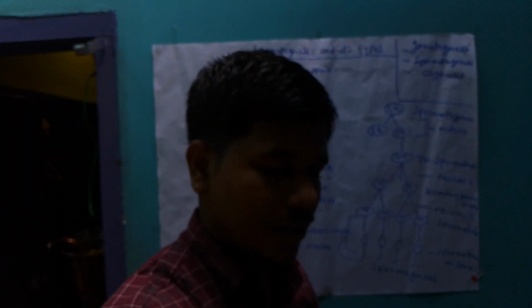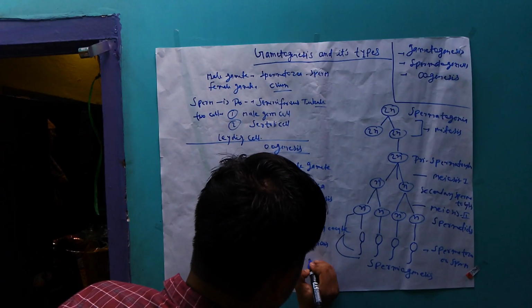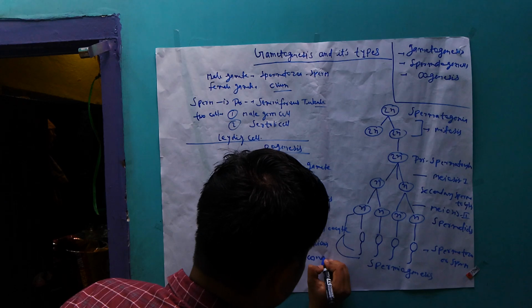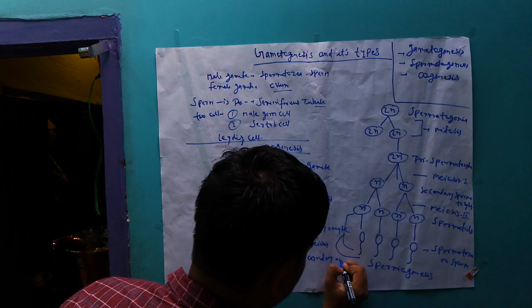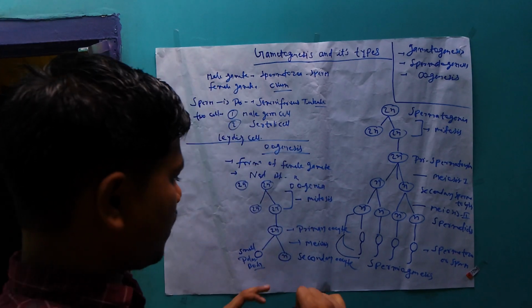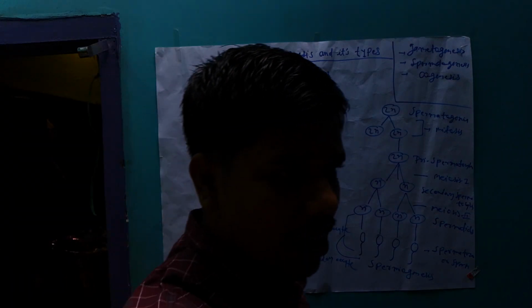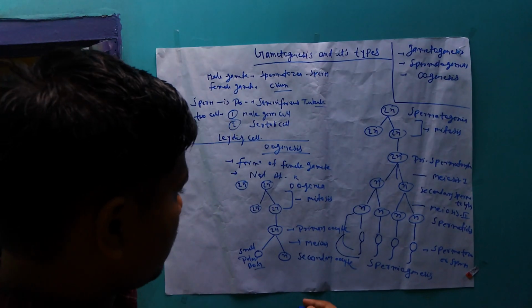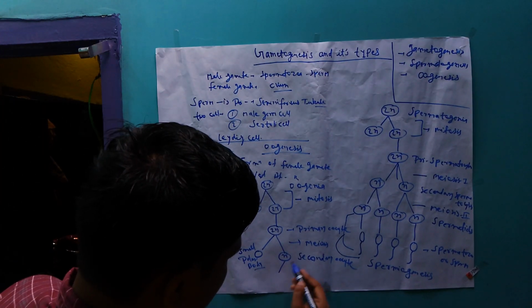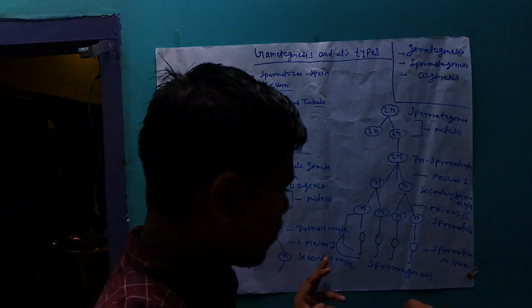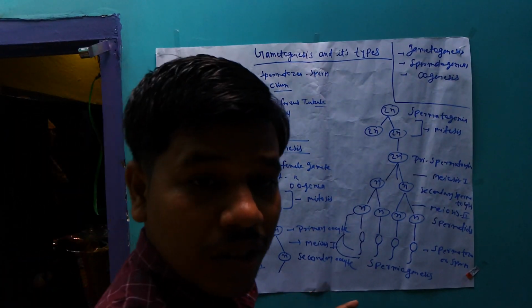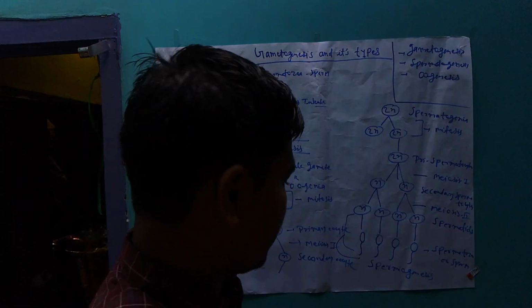This is your large cell, which is also called the secondary oocyte. Now the secondary oocyte also undergoes division, which is called meiosis second.